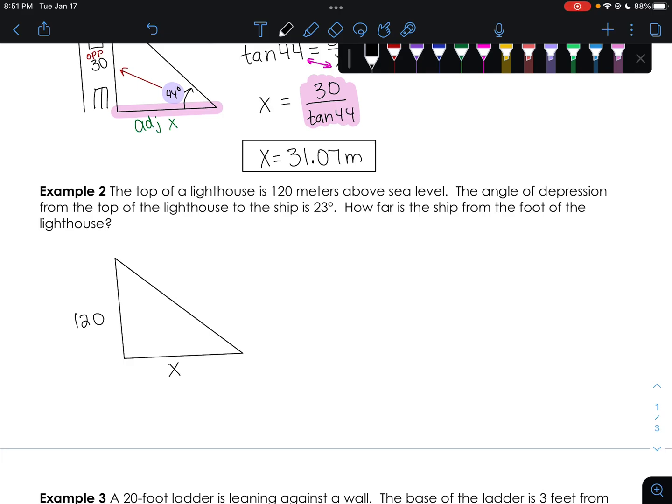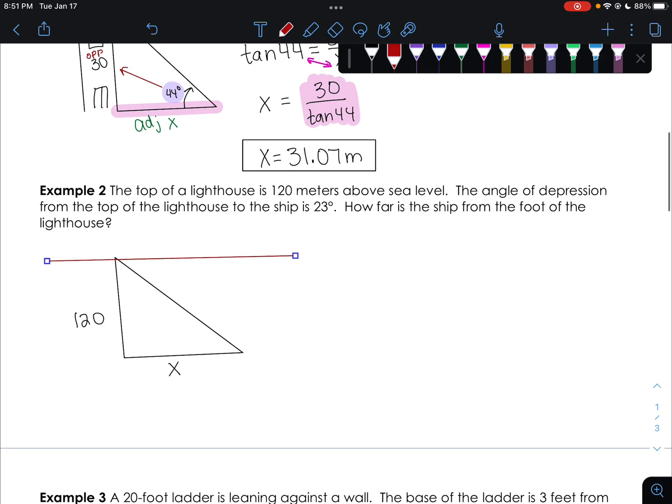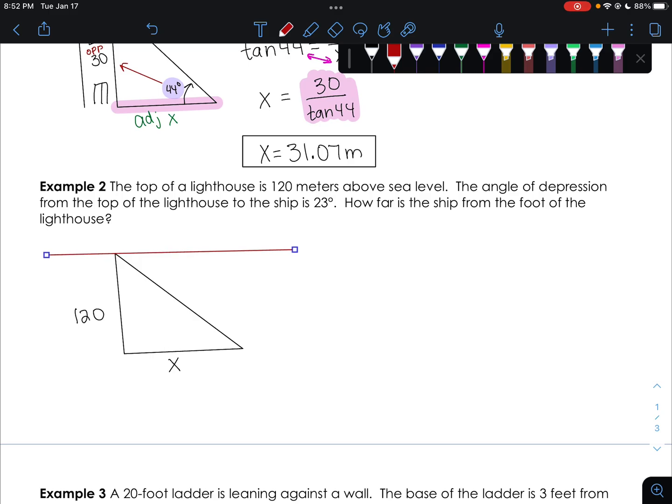The angle of depression is 23 degrees, so you have to make sure that you go down right here. If that's 23 degrees, then that makes this angle also 23 degrees because they're congruent angles.